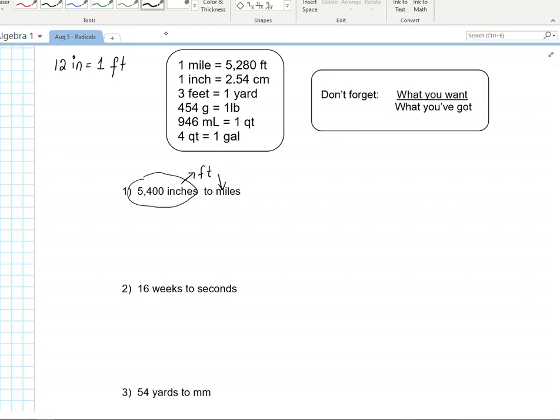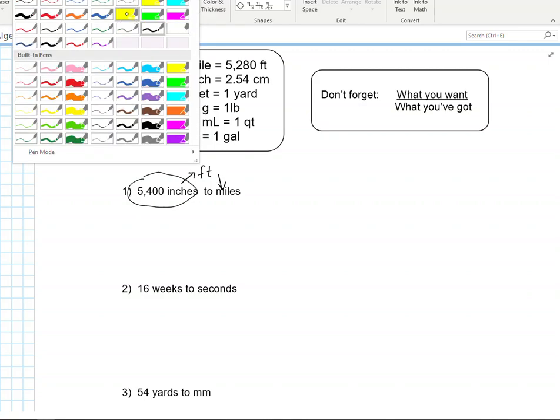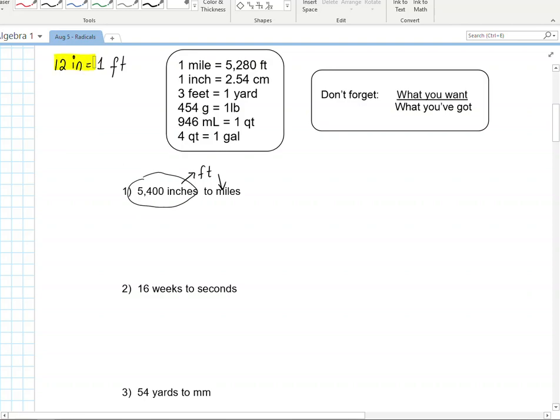All right, so let me see if I can find a highlighter. We'll use this one and that one. So we have 5,400 inches. Set up the grid. Now we need to decide, we're going from inches to feet.